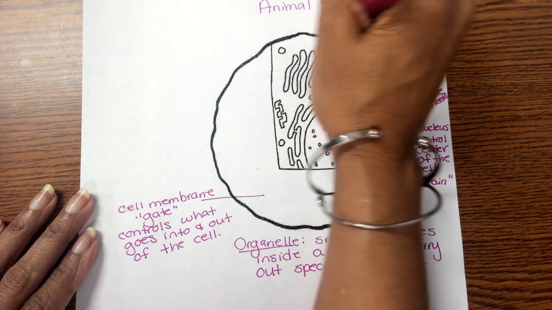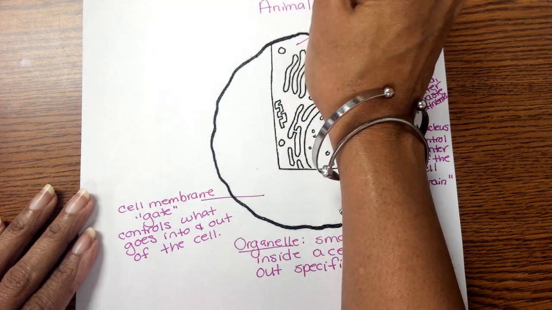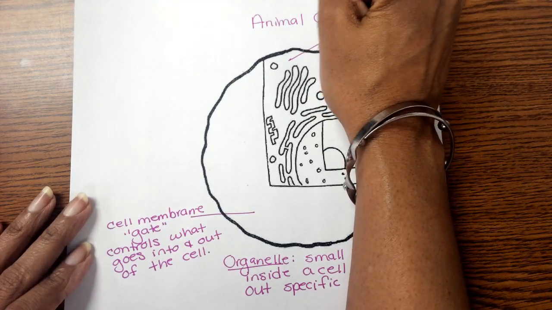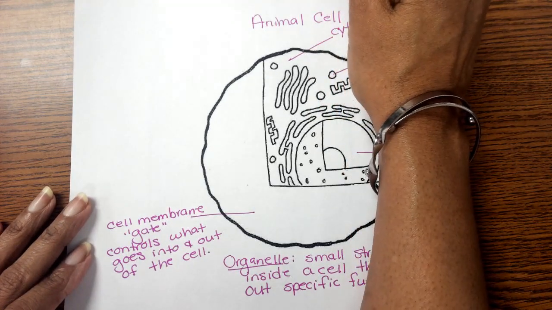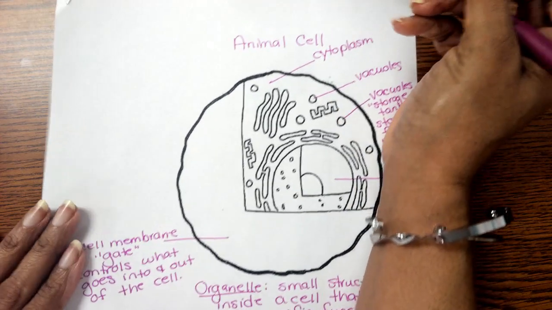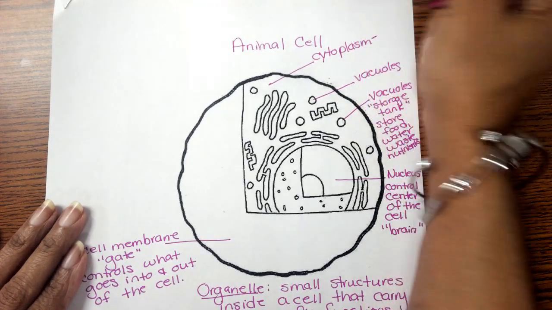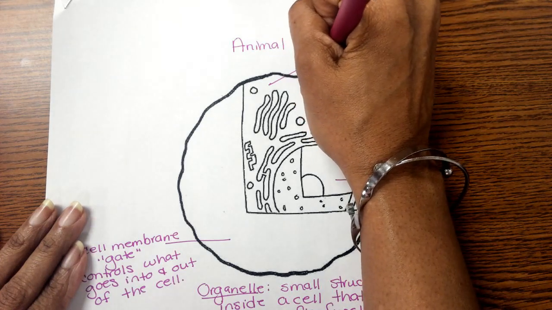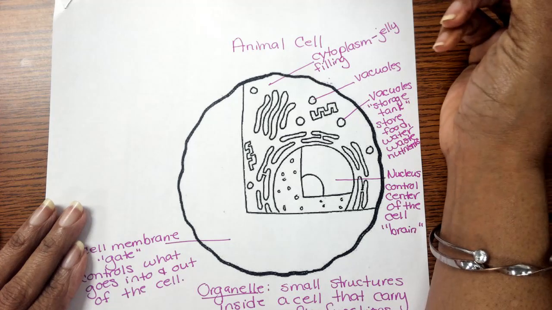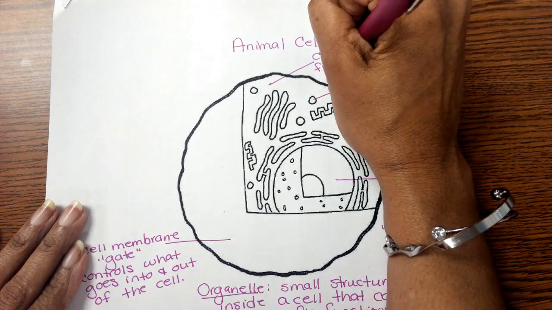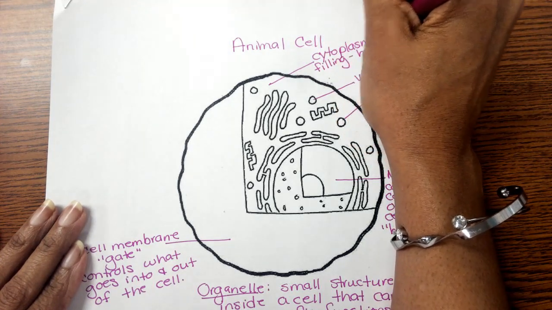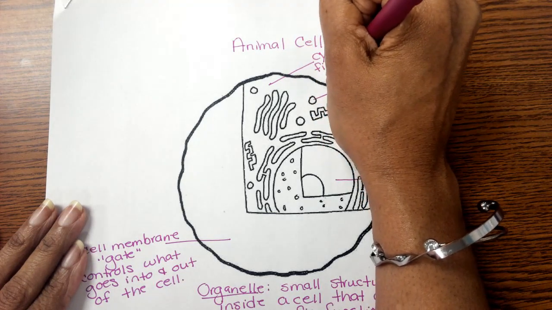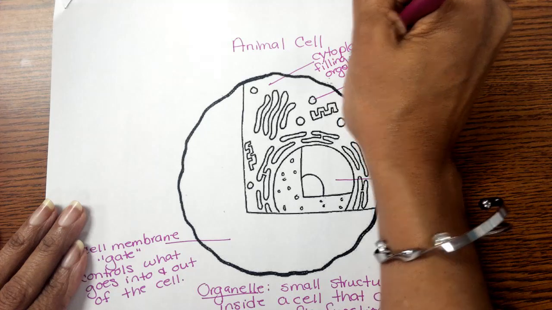All right, I'm going to put this right here, just this space. We're going to say this is the cytoplasm. And this is the jelly filling inside of the cell, and it holds the organelles in place.